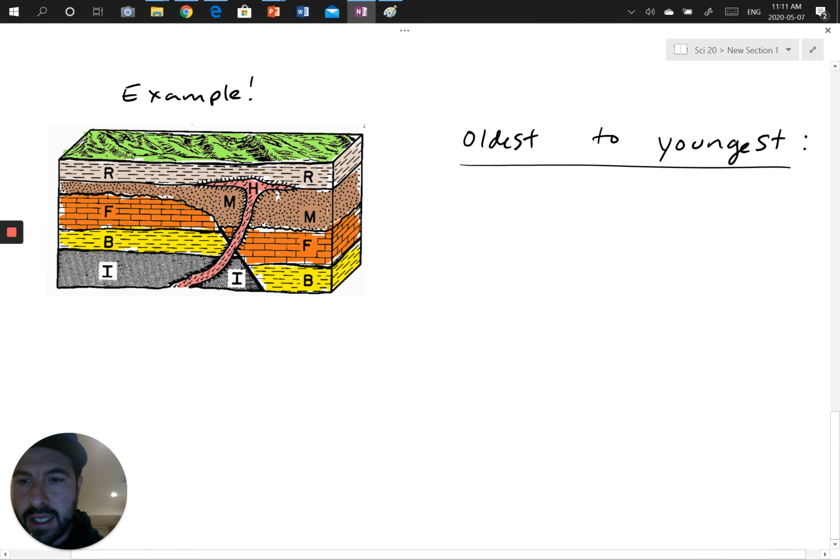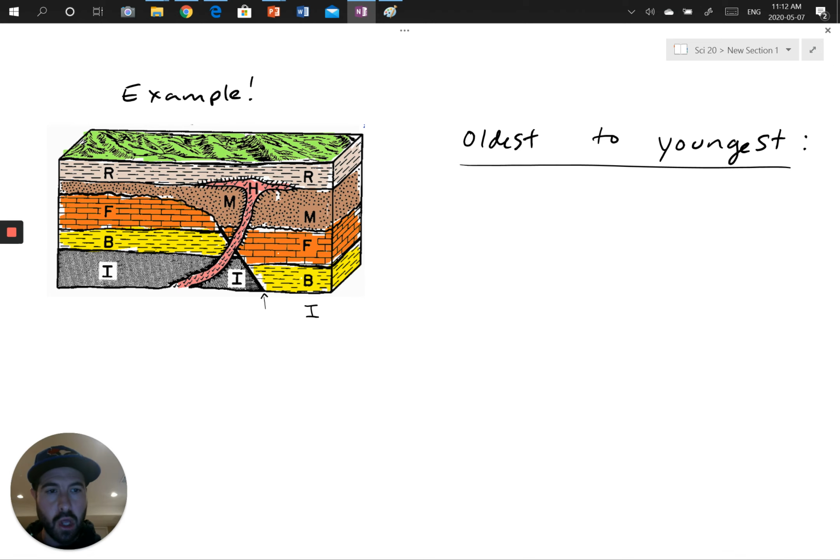I see layer I, layer B, and layer F. If I was to look down here, I would probably see a layer I down below here. So these were formed, and then there was some type of event that occurred here, a shift or a slip. Maybe it was an earthquake or whatever.